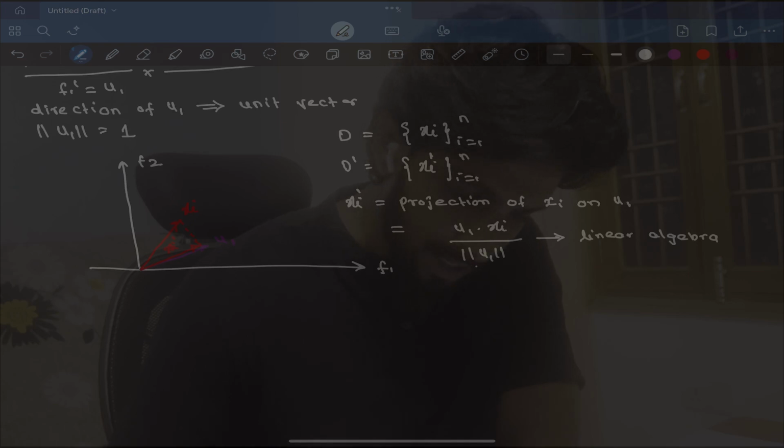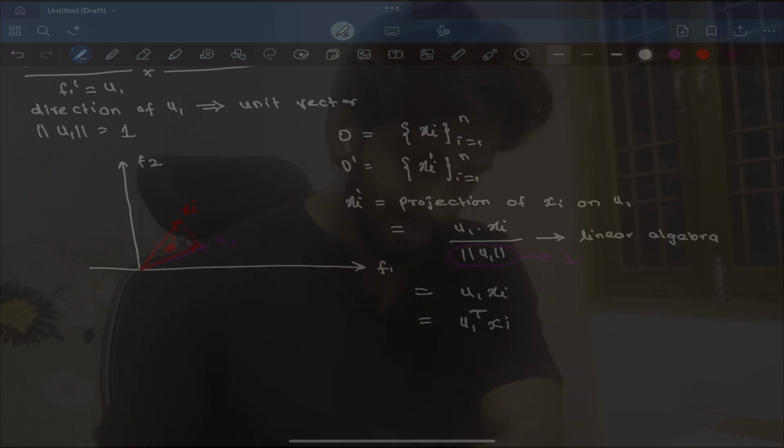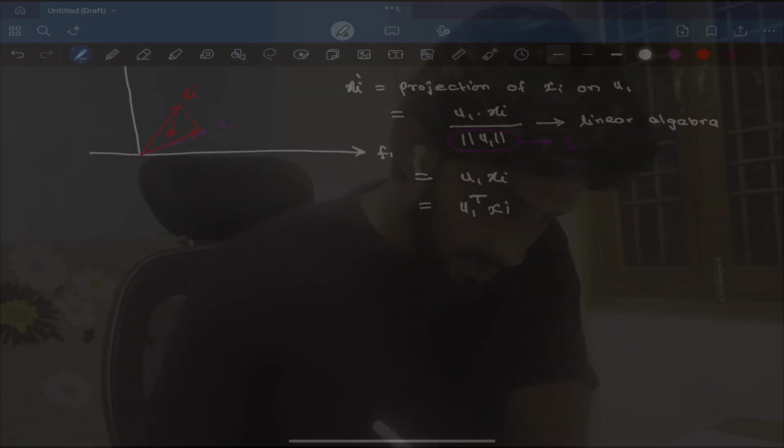Now we know that the magnitude of u1 is 1, so this will be simply u1 into xi. In terms of dot product, it will be u1 transpose xi. So xi dash is nothing but u1 transpose xi.